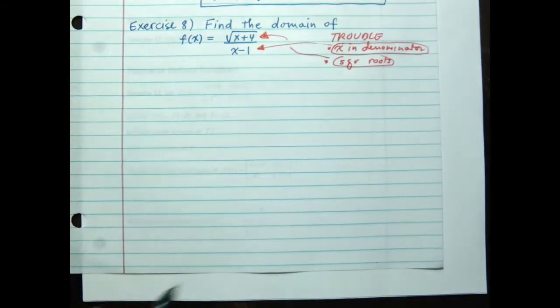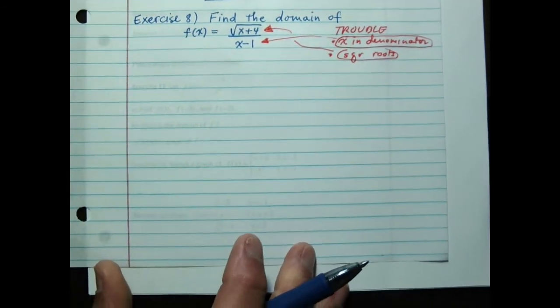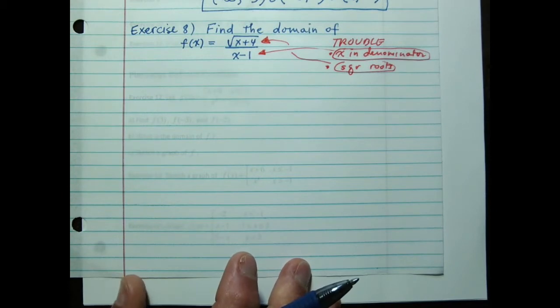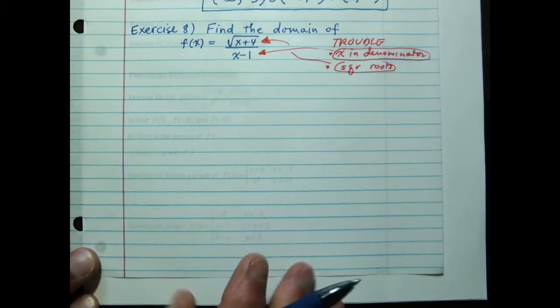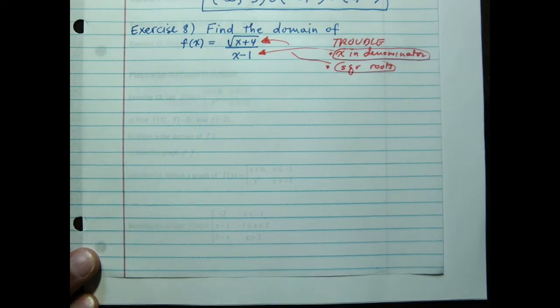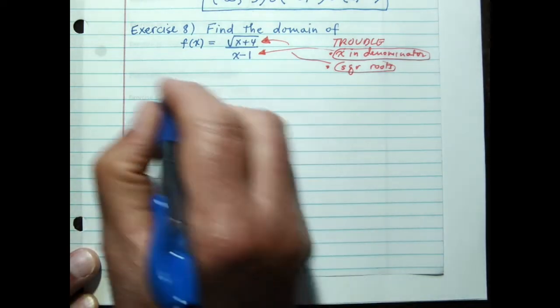So there are two different problems here, and we have to consider the effect of both of them. They're both going to contribute to our final statement of what the domain of this function is. It's like each trouble point makes us remove some numbers from the domain. We're going to think of it one step at a time.